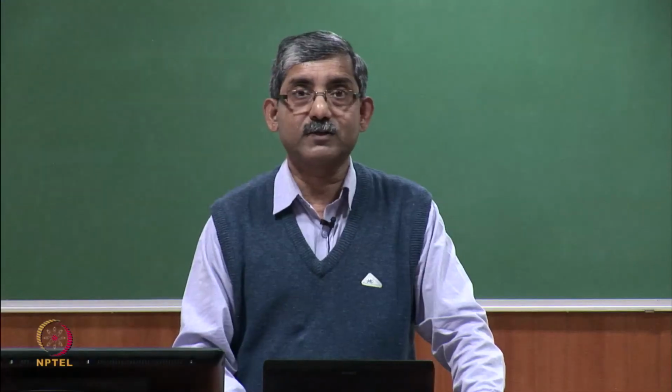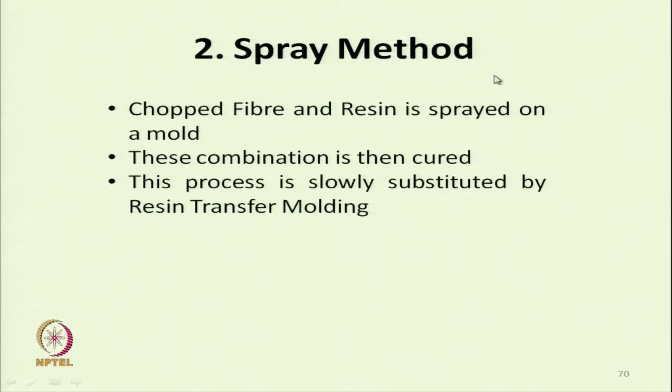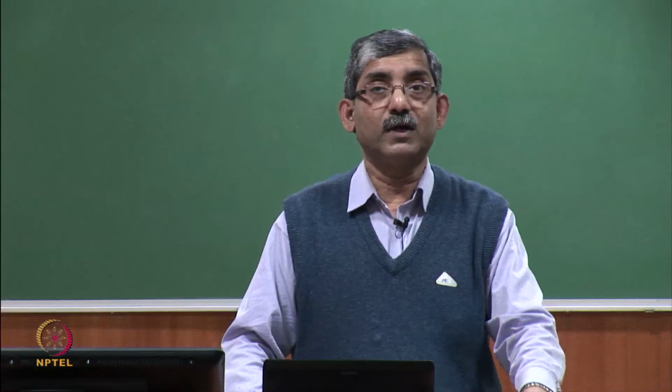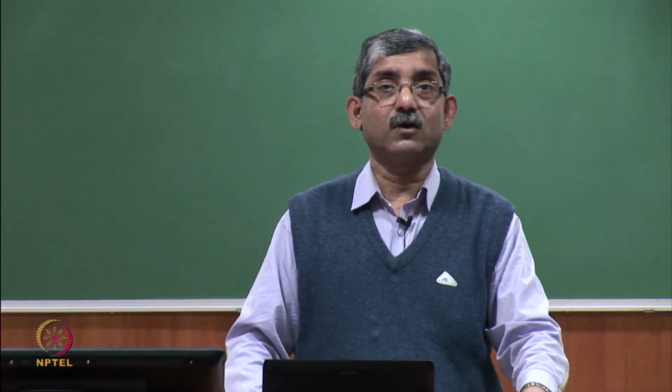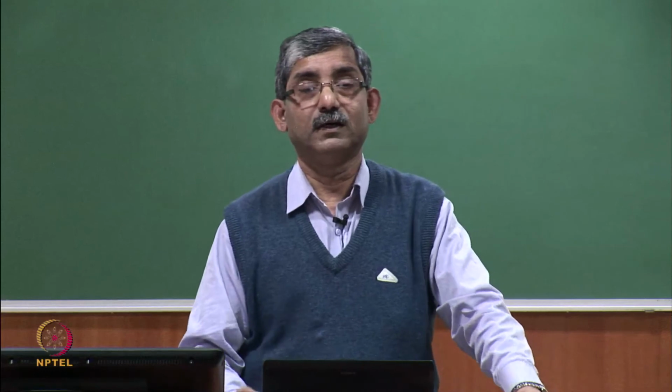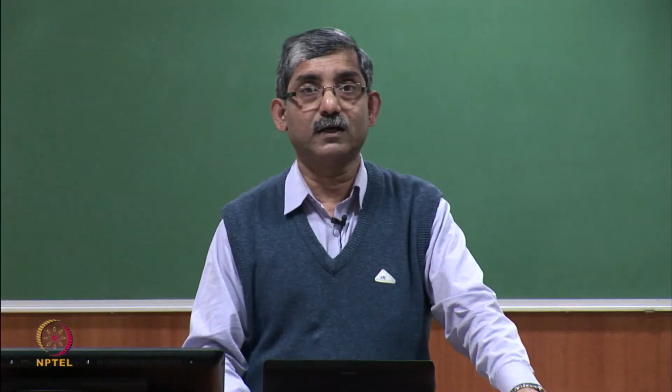So, the composite manufacturing process known as the spraying method is where chopped fiber and resin are sprayed on a mold. This combination is then cured. This process is slowly being substituted by resin transfer molding, because the chances of air bubbles are there and void content is high.